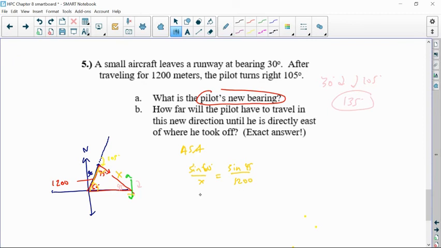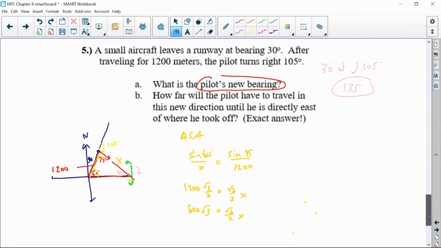So I could say 1200 times sine of 60, which is root 3 over 2, is equal to sine of 45, which is root 2 over 2, times x. So then that's 600 root 3 is equal to root 2 over 2 x.